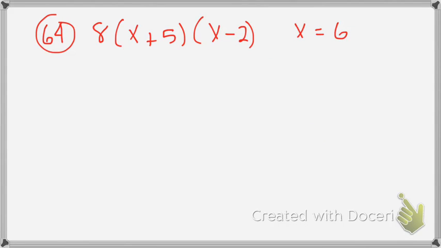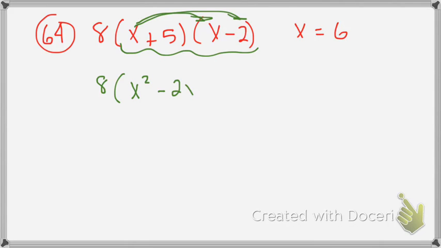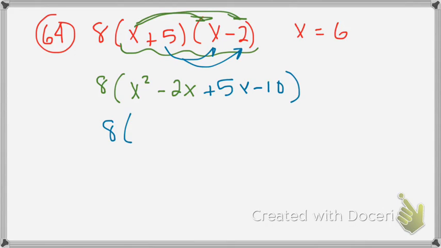I can do it a different way though. I can say, I'm going to multiply first. Some of you may remember the distributive property with binomials. Others of you may remember what they call the FOIL process. And I'm going to add my like terms inside here.